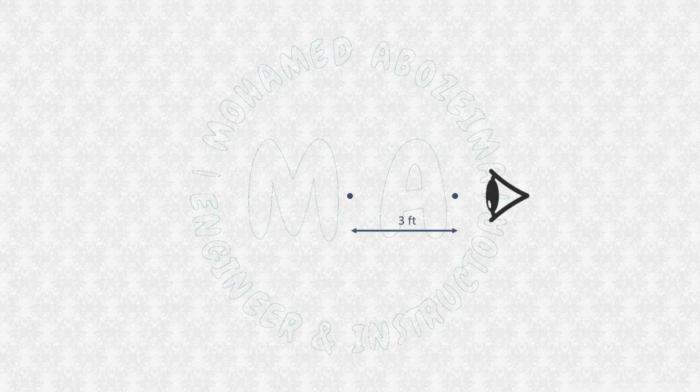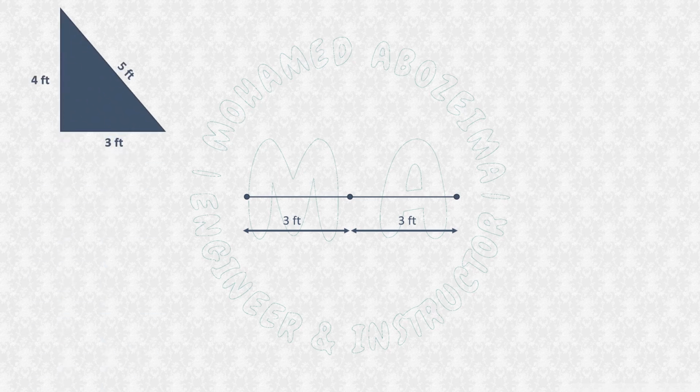Meanwhile, looking from this point, move the bar till you only see one bar, so they are on a straight line. Now we finished the first axis. For the second axis, we will use the 3, 4, 5 right angle triangle method. Bring a meter and take 12 feet. Hold both ends from this point.